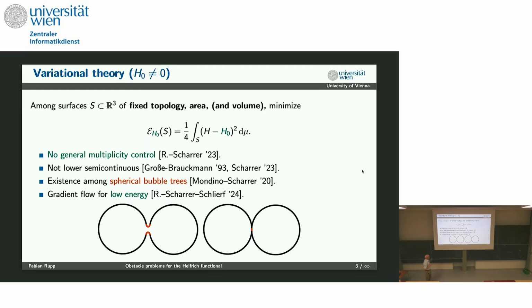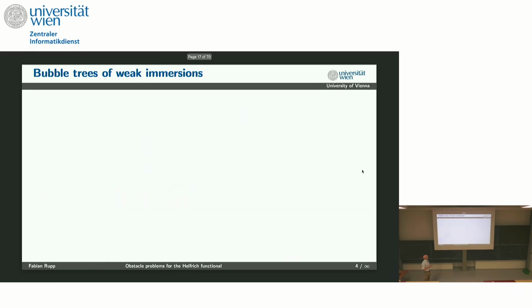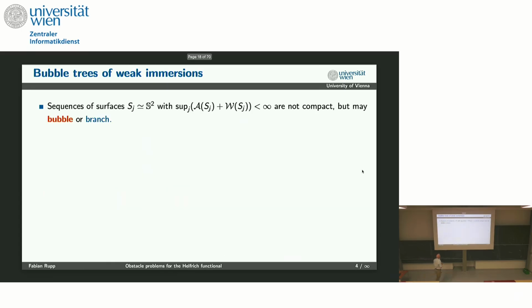I want to focus a bit on this third item here, on this bubble tree class, and why I believe it is very good to describe this phenomenon that we see in the mitosis or the budding of biological cells. Okay.